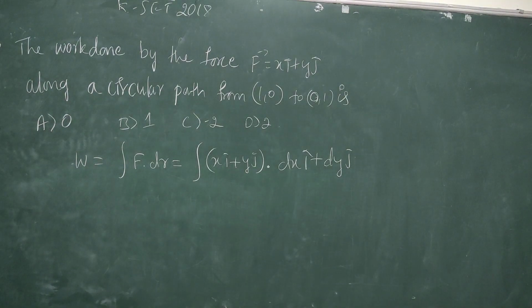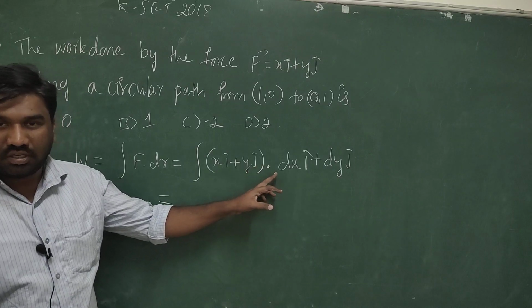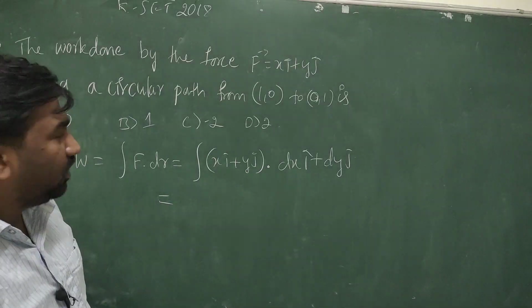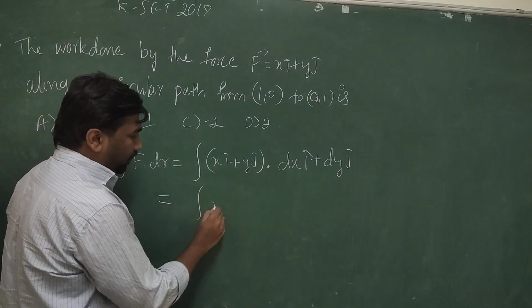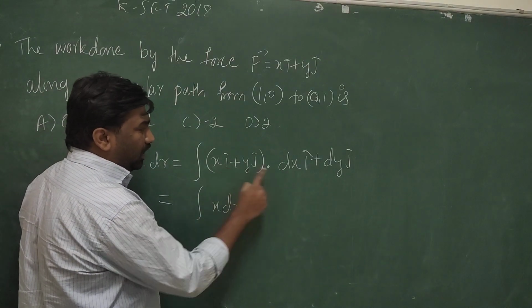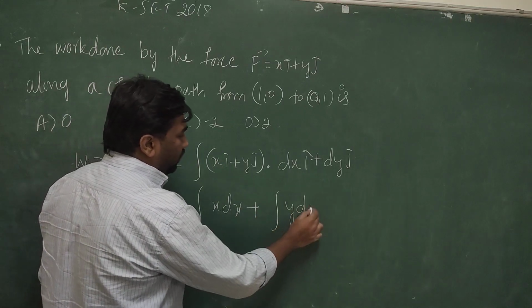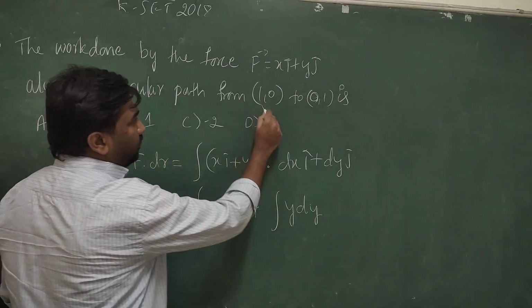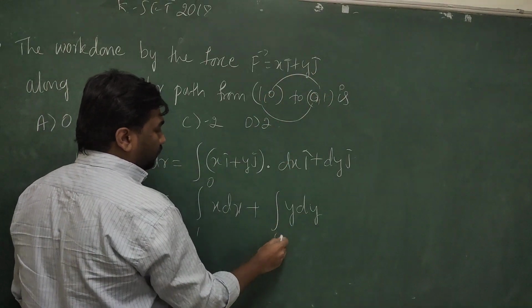Next, so which is equal to integration of x dx, because i cap dot i cap is 1, plus integration of y dy, and also x varies from 1 to 0 and y varies from 0 to 1.